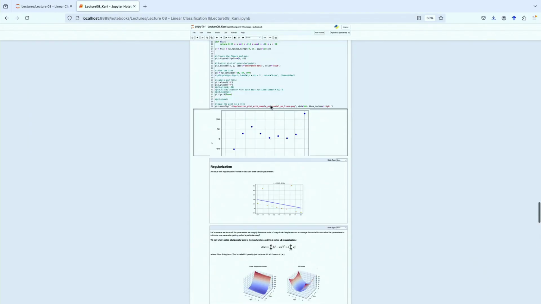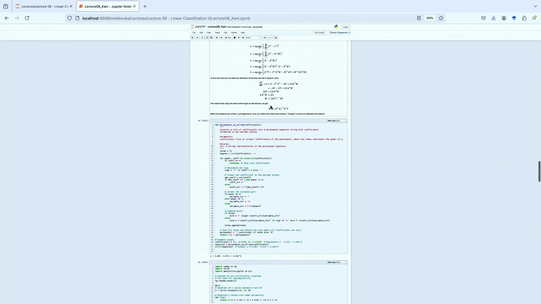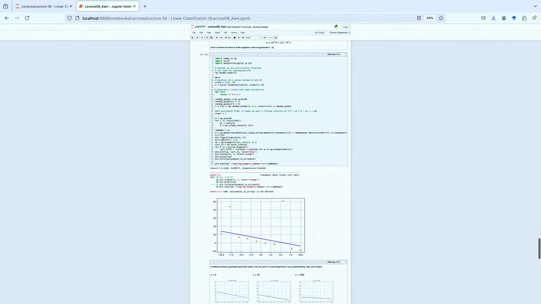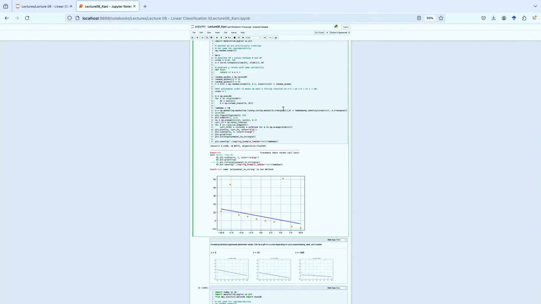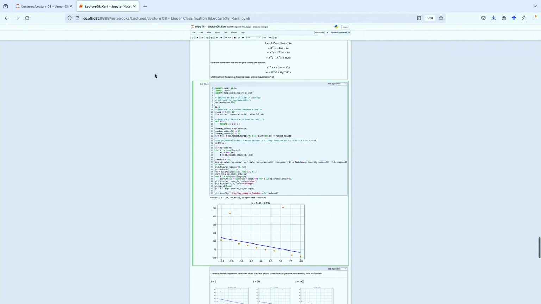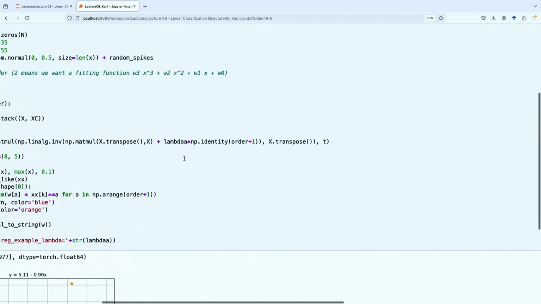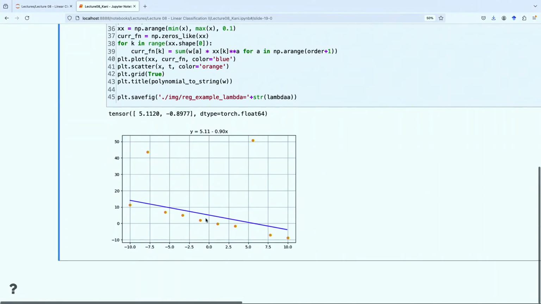Forgot to run that all. There we go. Now, if we make lambda equal to 10, we see the line go more towards the other values here.